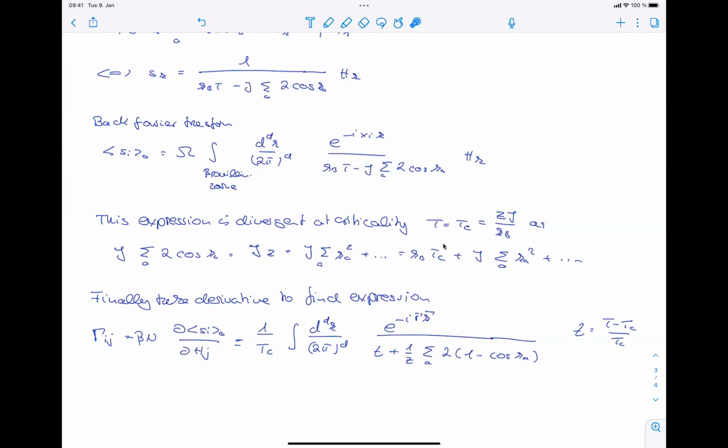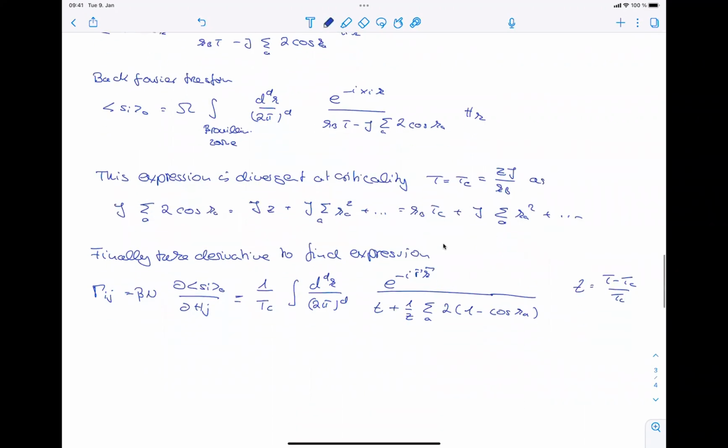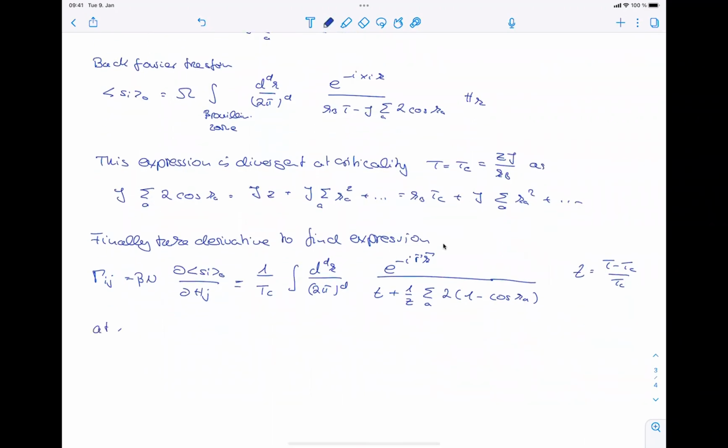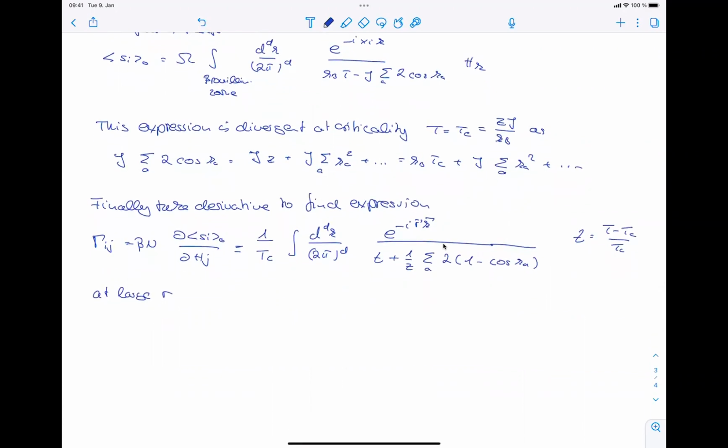We're interested in general results, and so what we're interested in is the long range correlation, so at large distances, and so that would be looking at the following expansion at large r's. We have only small k, and then this becomes 1 over T_c.